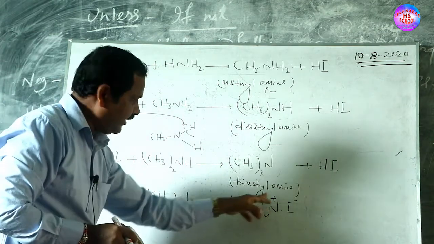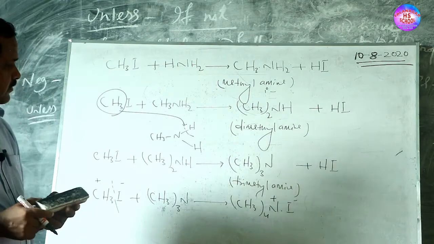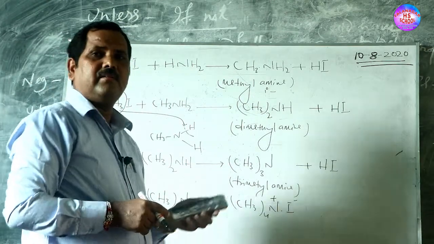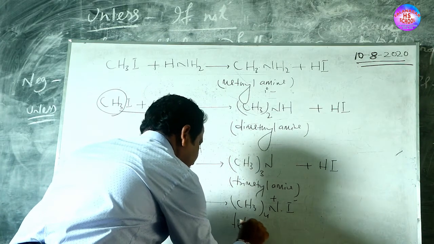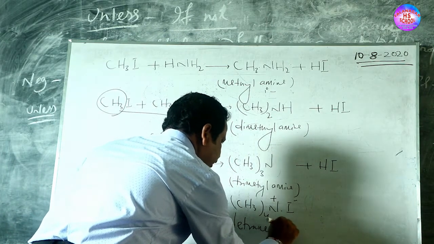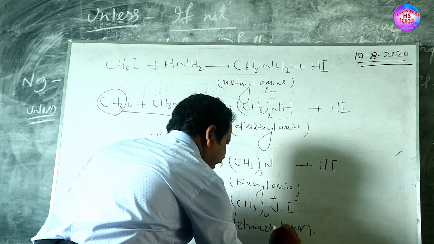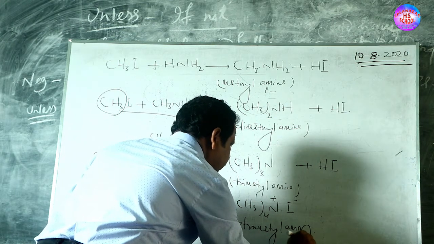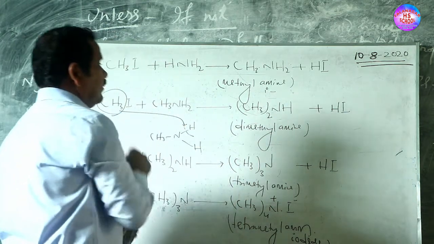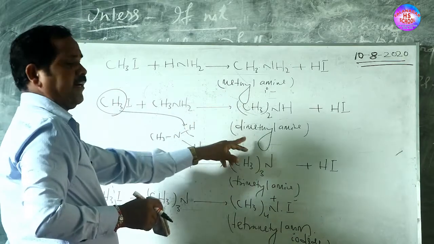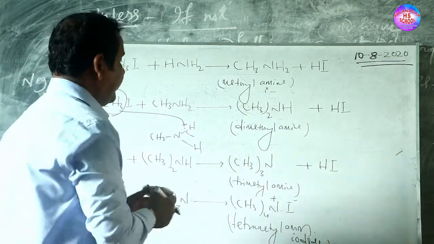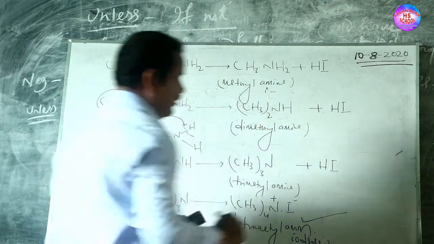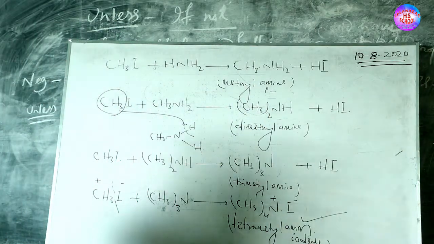(CH3)4N+ and I minus. This product is tetramethylammonium iodide. It is a primary amine, secondary amine, tertiary amine, and it is a quaternary ammonium salt.